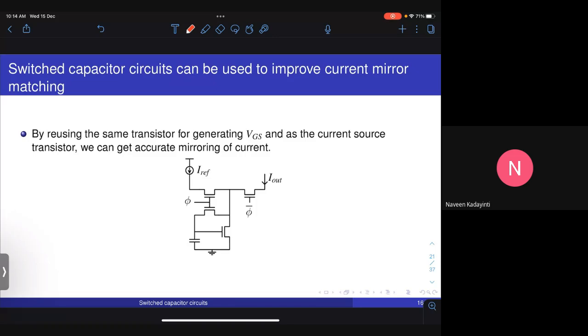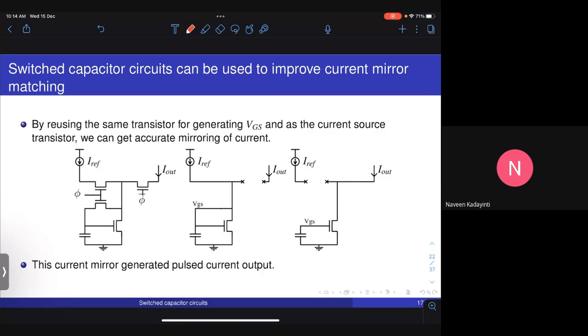So what is done here is, you use an arrangement of switches to use the transistor to generate the reference with respect to IREF in one cycle and generate the Vout in the other. I have expanded this in the next slide to make it clear.